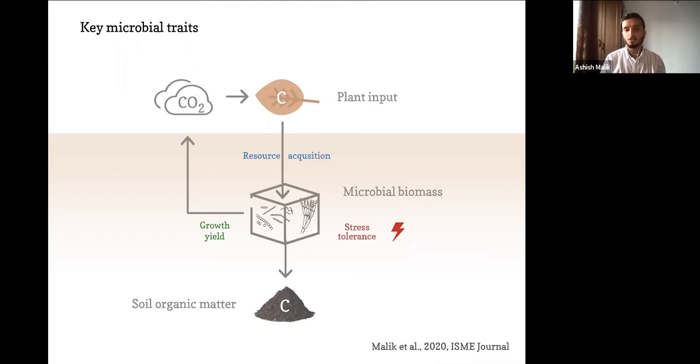This is because microbes experience abiotic stress in the same way as plants do. So the abiotic stress that microbes experience would be seen as a stress tolerance trait, or a life history strategy that encompasses some of the traits for stress tolerance or stress avoidance.